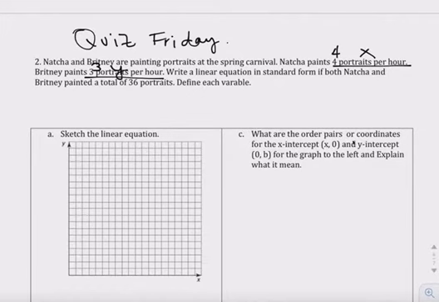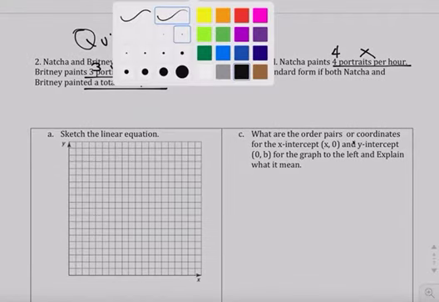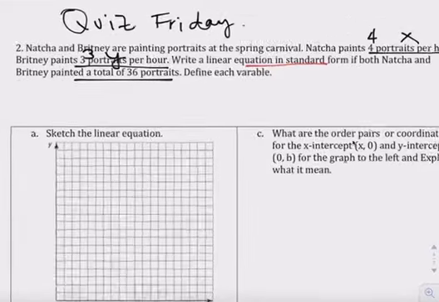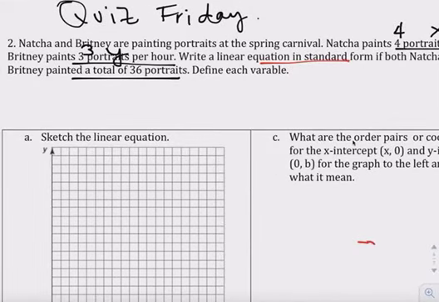Write a linear equation in standard form for both Natcha and Brittany, painting a total of 36 portraits. Define each variable. So an equation is 4x plus 3y equals 36.